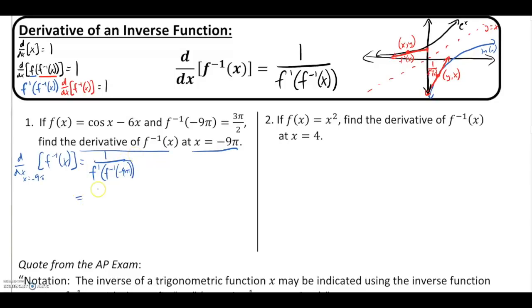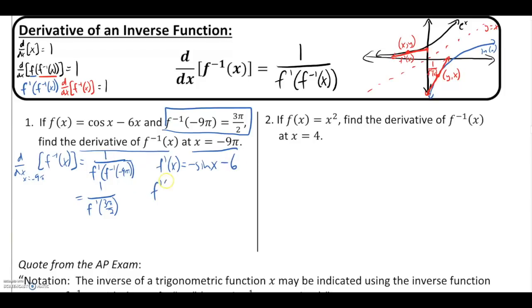And notice we already have part of that. We already have f inverse of negative 9 pi back here. It's going to be 3 pi over 2. What I'm missing is my f prime function. Well, given my original f of x, I will notice that f prime of x would be negative sine of x minus 6.